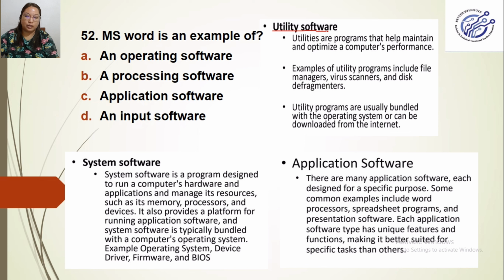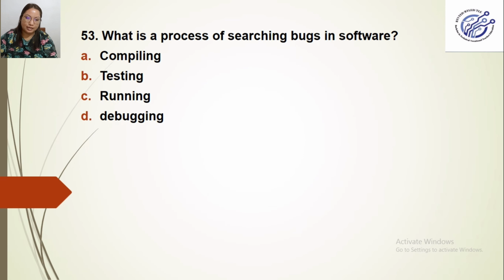So our answer in number 52 is letter C, application software. We don't have operating software here, but we have system software, and an operating software like Windows 10 falls under system software. We also don't have processing software or input software.